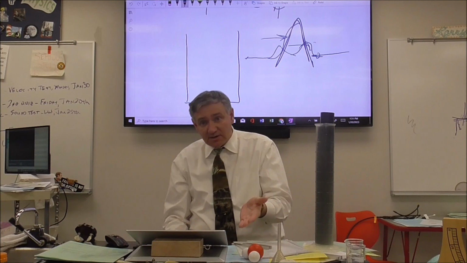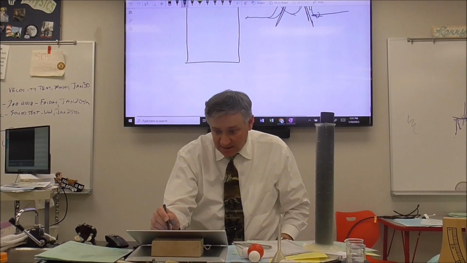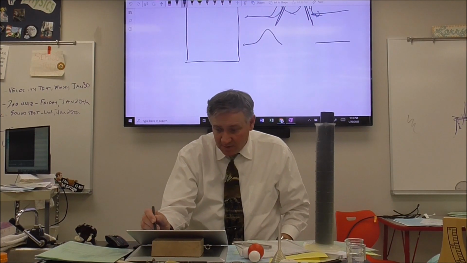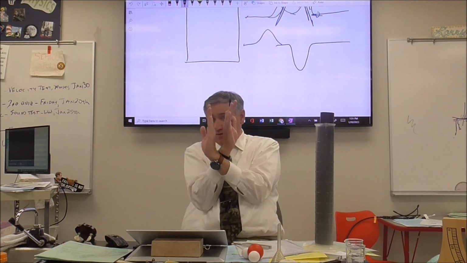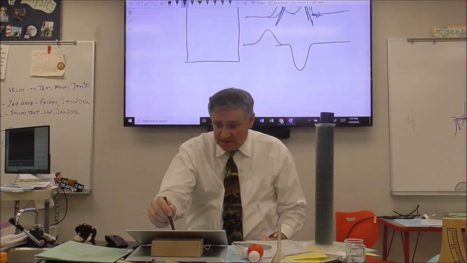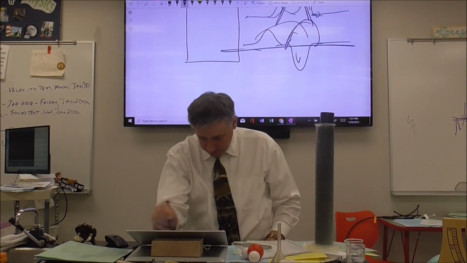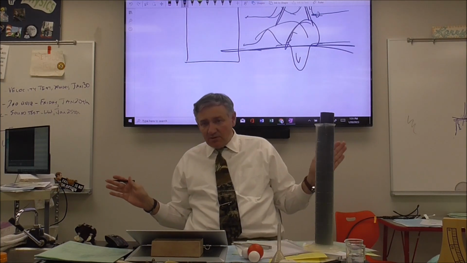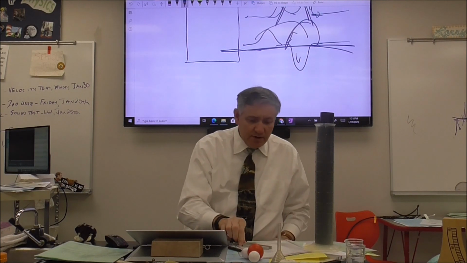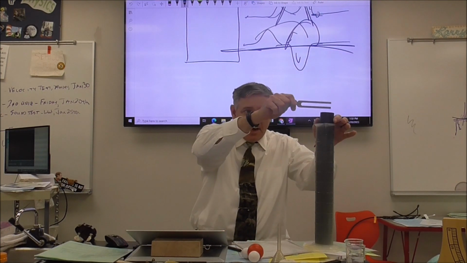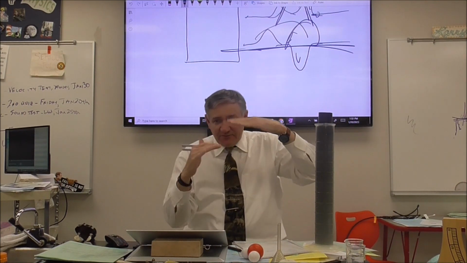That's constructive interference. When you have destructive interference, I send a wave down on one side, you send a wave down on the other, and when they meet, they cancel each other out. So this energy here balances out that energy there, and there's no net energy because they cancel each other out.